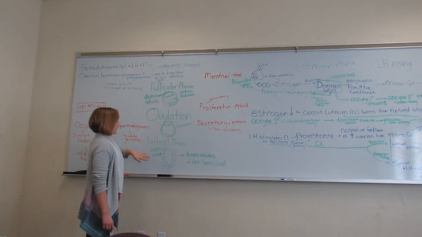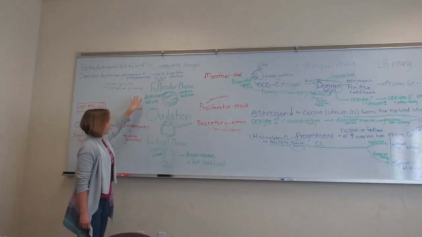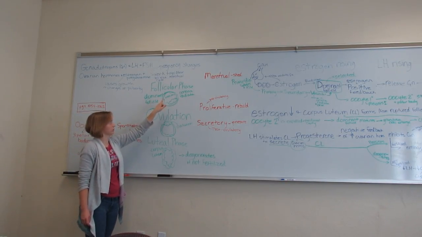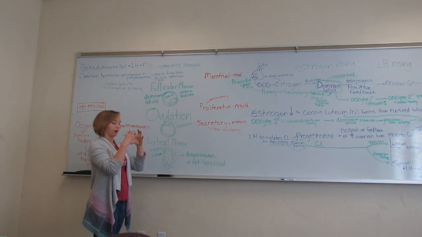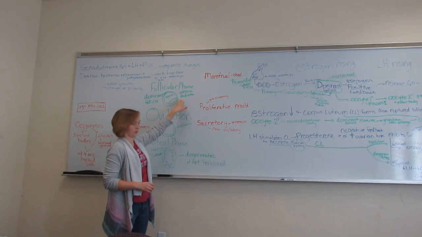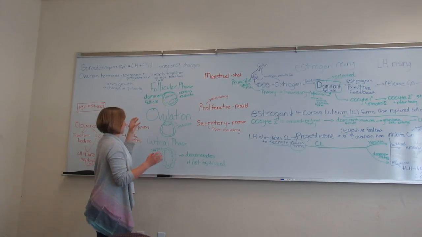So this is the ovarian cycle. It starts with the follicular phase, which is basically a dominant follicle is chosen, and the dominant follicle has an antrum, which is like a little bubble with fluid in it, and a corona radiata, which is like the outside of granulosa cells that's tough.